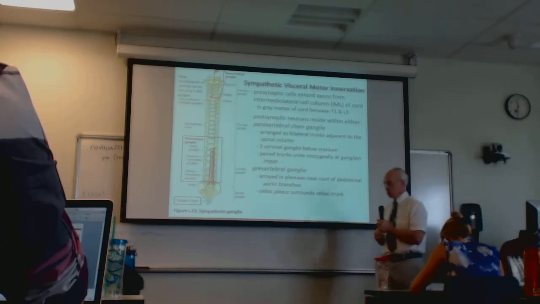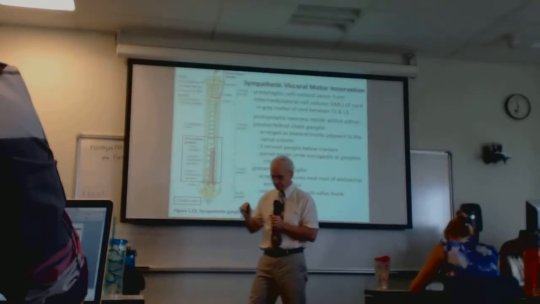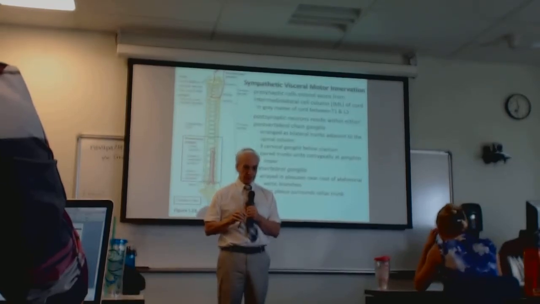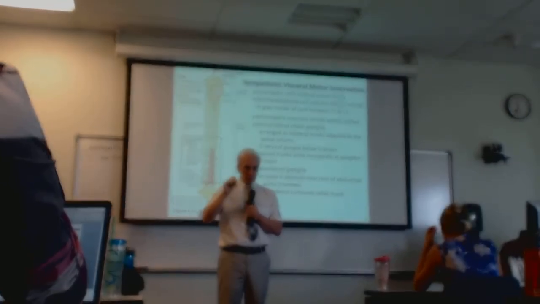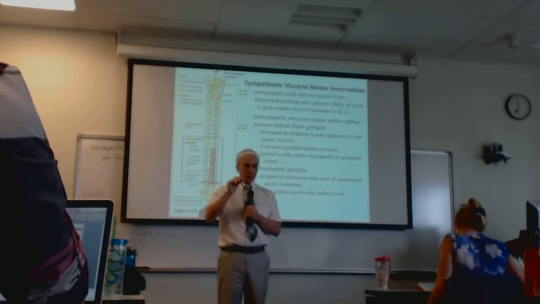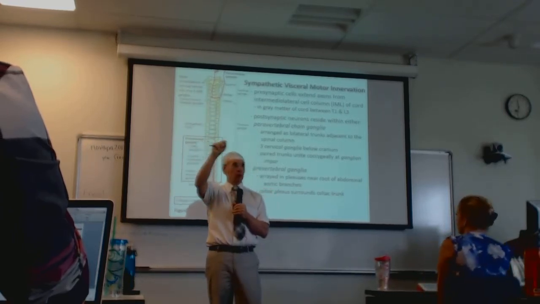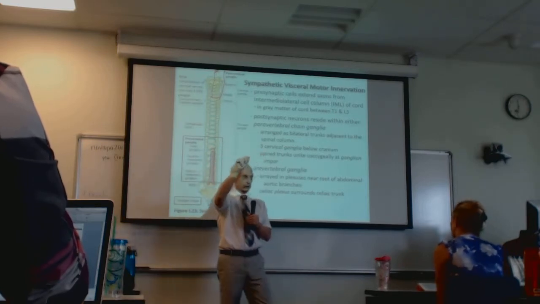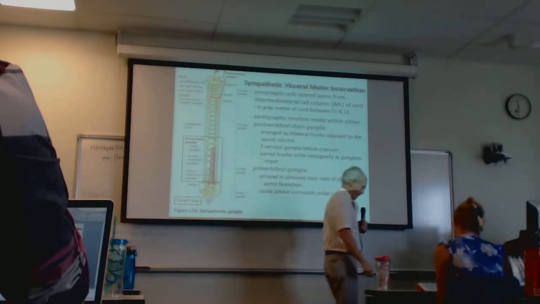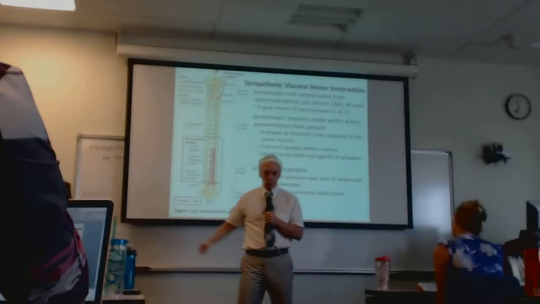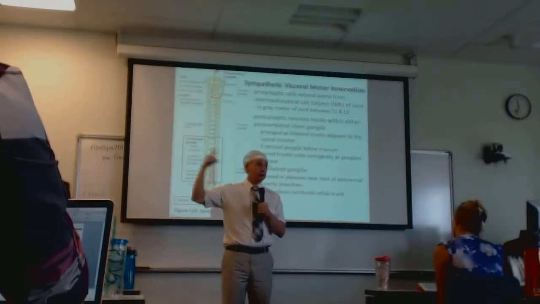All right, so let's make sure we understand this again. Sensory structures, if we're talking about somatic senses. Let's say temperature sensation in the skin. Where is the cell body located that brings that information to your brain?